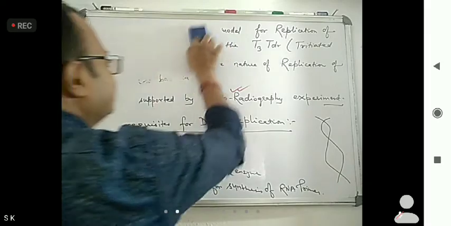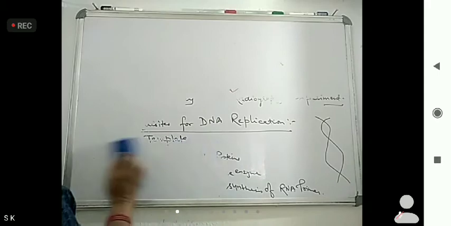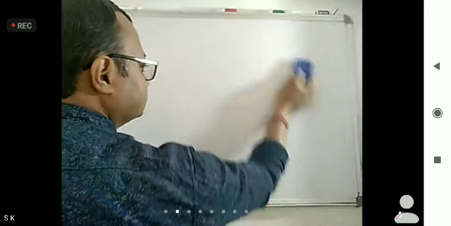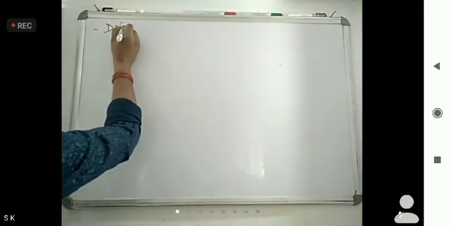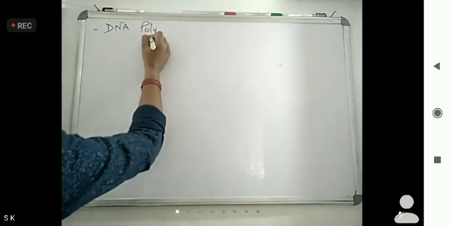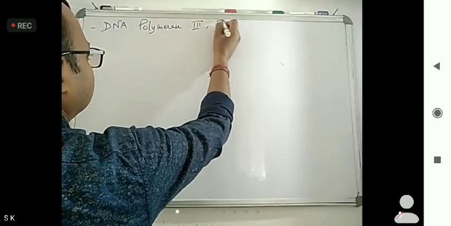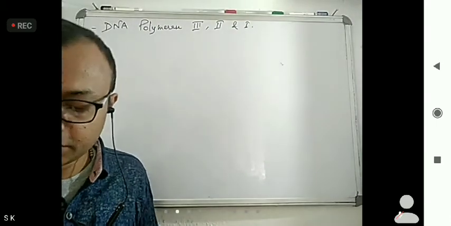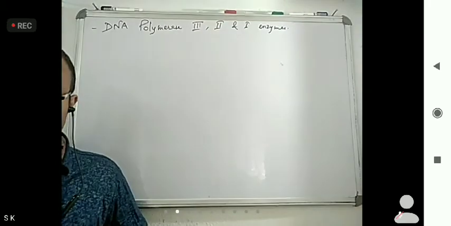Three types of enzymes are there. DNA polymerase 3, 2 and 1. This is also important. Okay, then what do we need?